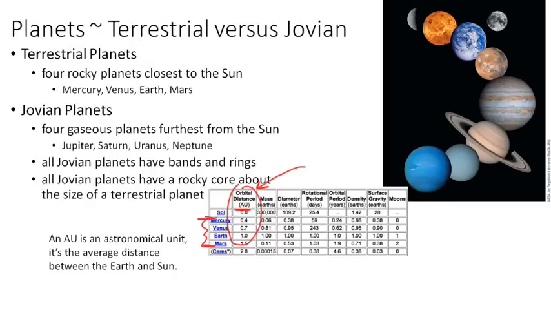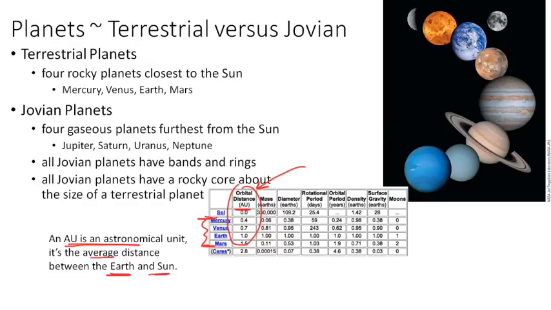We covered the unit on chemistry recently, and we talked about an AMU, atomic mass unit, which is different than an astronomical unit. An astronomical unit is something near and dear to our hearts. It's the average distance between our planet and the sun. So 1 AU is the average distance between us and the sun.